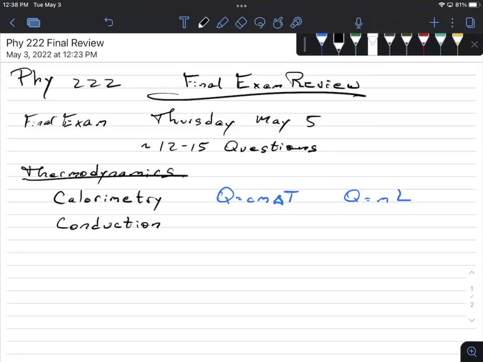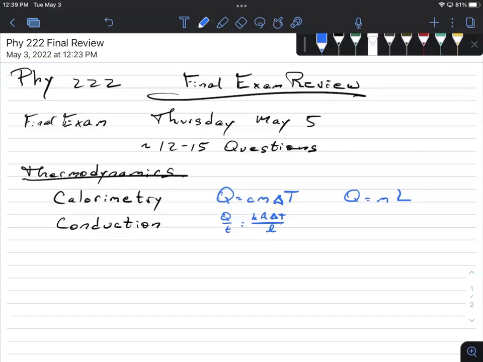The outside of the wall is at 100 degrees, the inside is at 50 degrees, and you want to know what is the heat transfer rate, or how much energy is transferred through the wall per second. And that was Q over T, that's the heat transfer rate, is K A delta T over L.